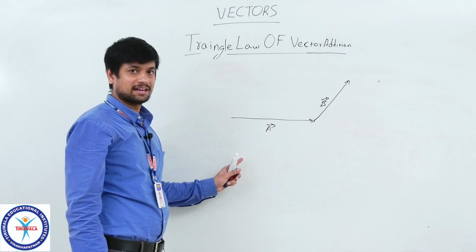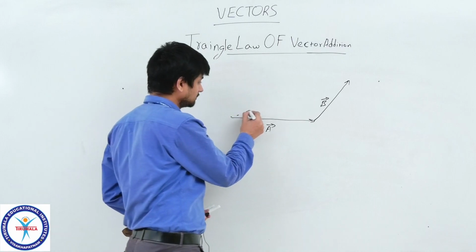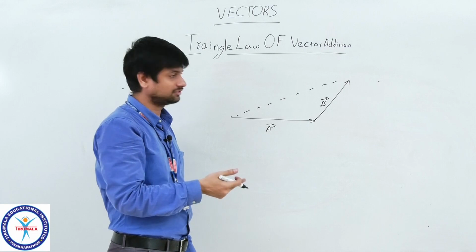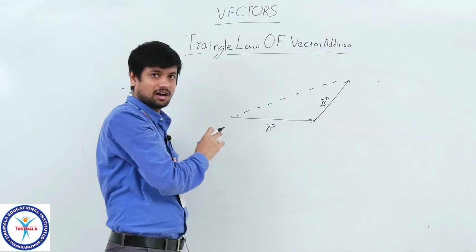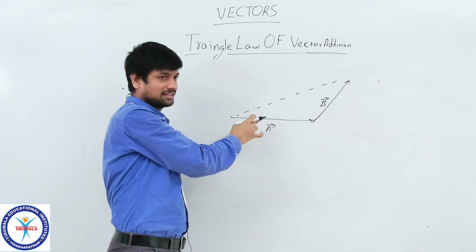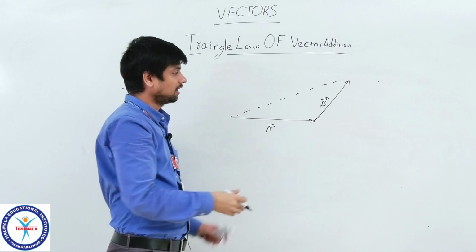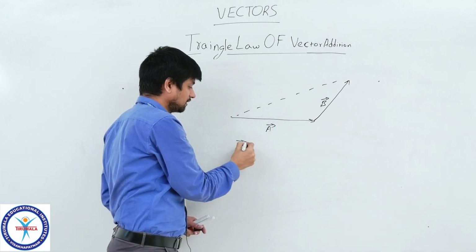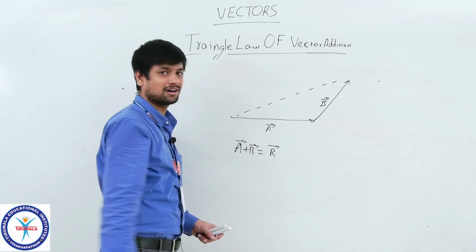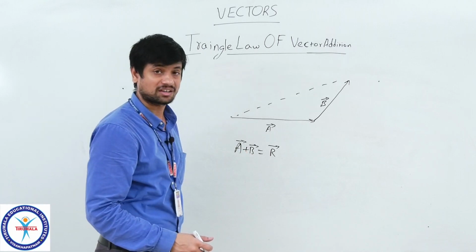The triangle law or polygon law tells you that the closing side of that 2D shape, either a triangle or a polygon, gives the resultant vector, the summation of these two, A bar plus B bar equals the resultant.